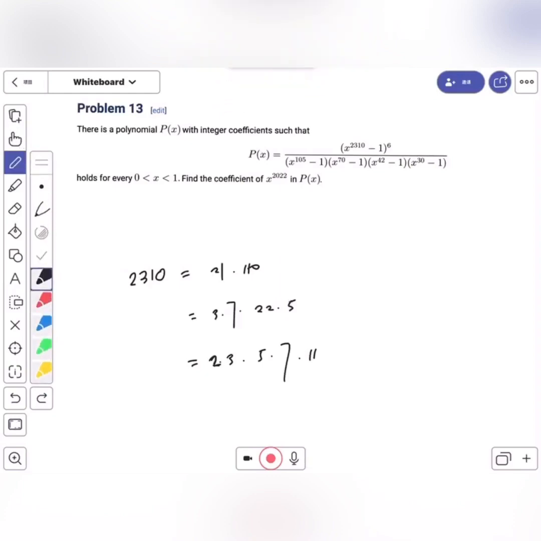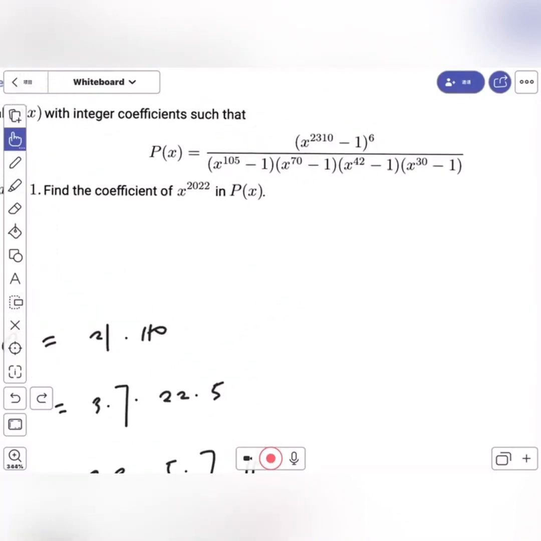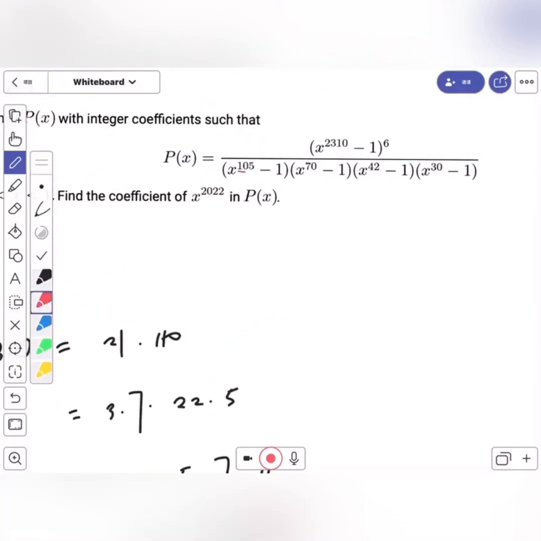Interesting. Now let's look at all of these numbers: 105, 70, 42, and 30. 105 is equal to 3 times 5 times 7. 70 is 2 times 5 times 7. 42 is 2 times 3 times 7.